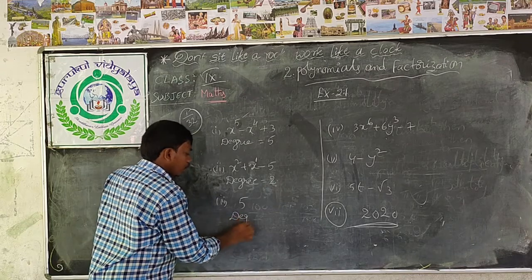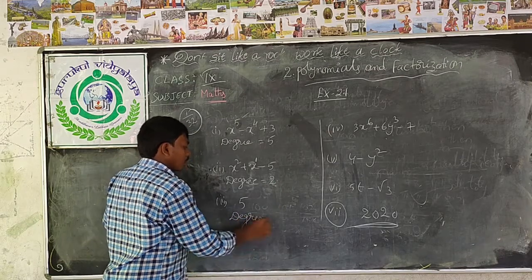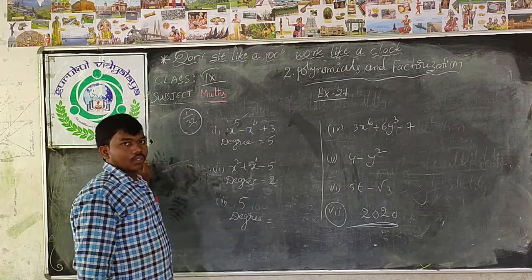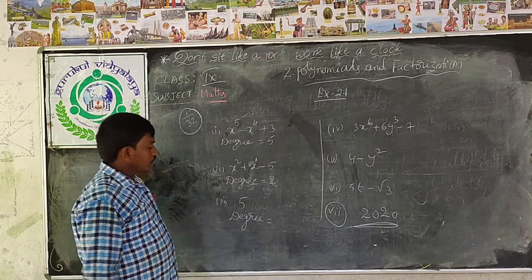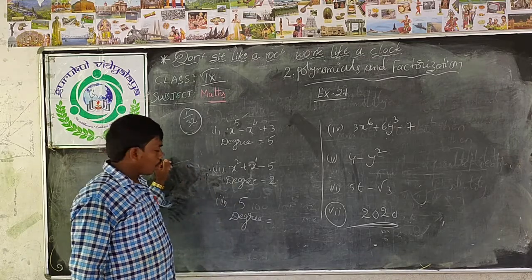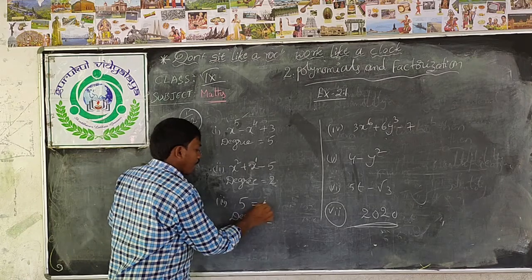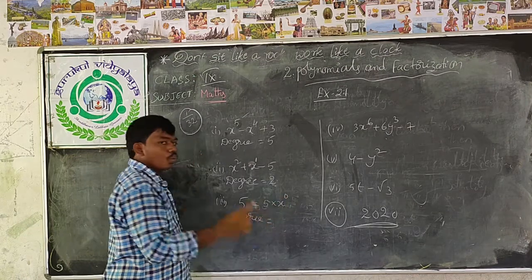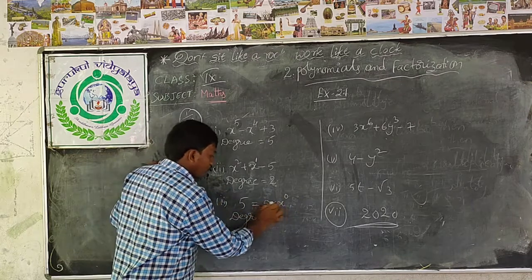Children, where there is no variable, what is the degree? I told you already, this is a constant polynomial. Constant numbers are constant polynomials. I will write 5 into x power 0. What is the value of x power 0? 1. So 5 ones are 5.